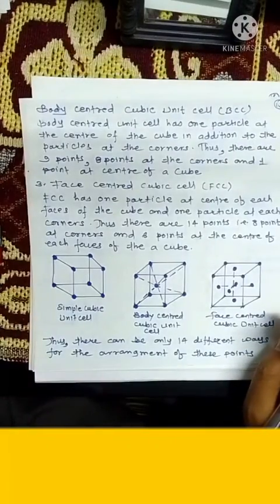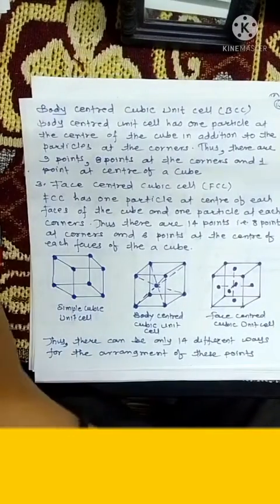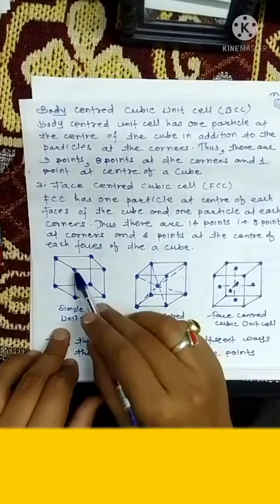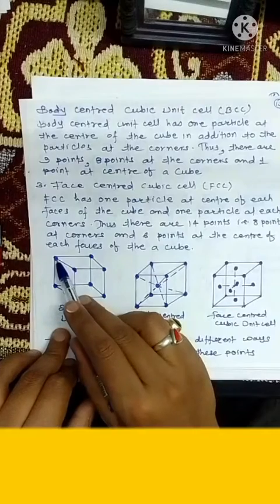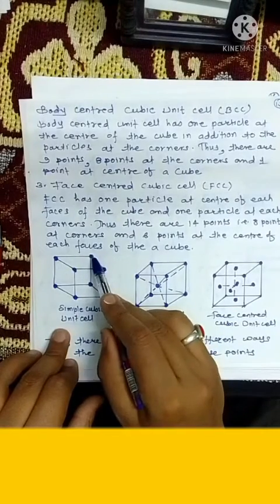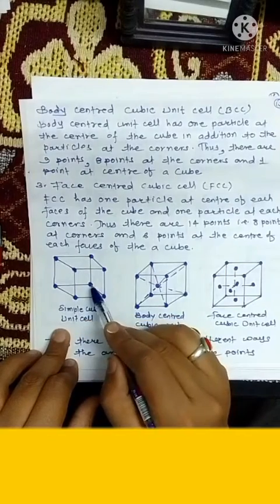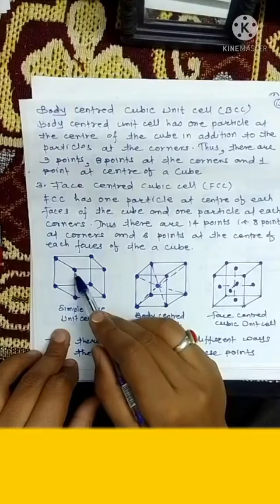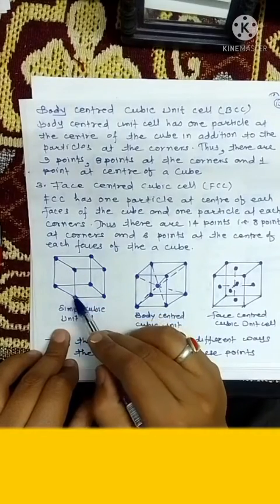So just see here. This is the diagram of simple cubic unit cell. In this diagram, we see that these points, which are basically atoms or ions, occupy the 8 corners of the cubic structure.